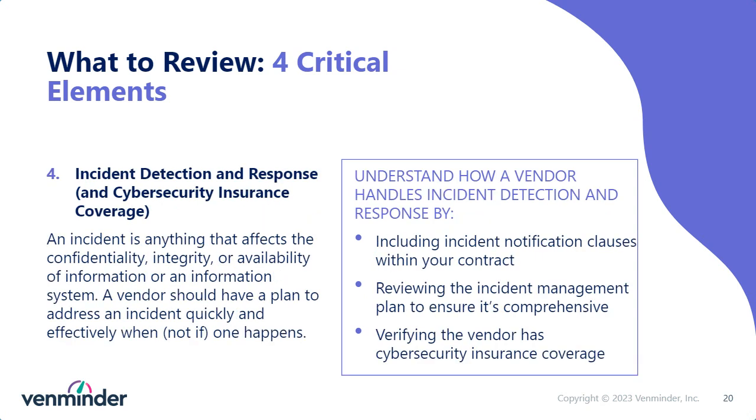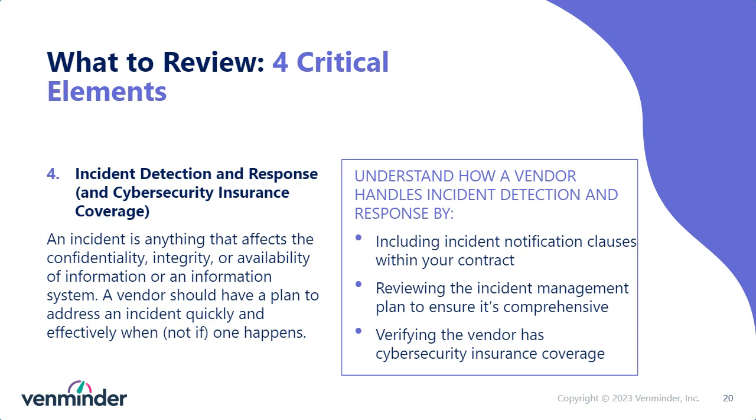So incident detection and response, and even things like cybersecurity insurance coverage, are often somewhat proactive and somewhat reactionary pieces of cybersecurity preparedness. An incident can really be anything that affects the confidentiality, integrity, or availability, that CIA triad, of information or an information system.